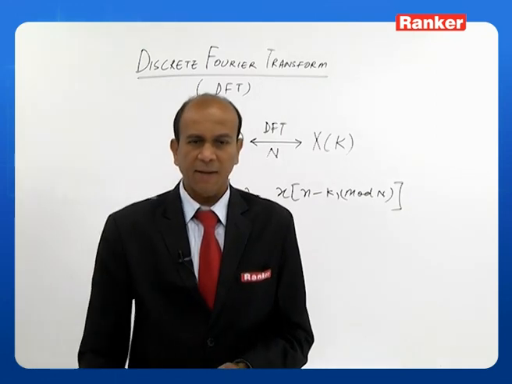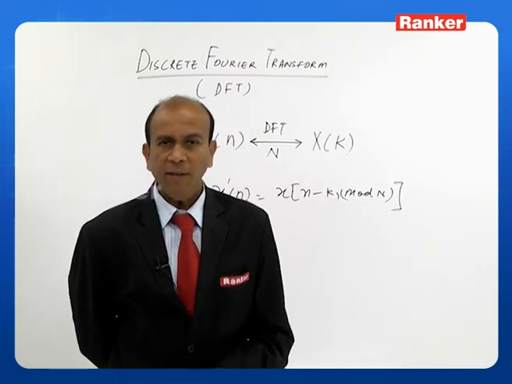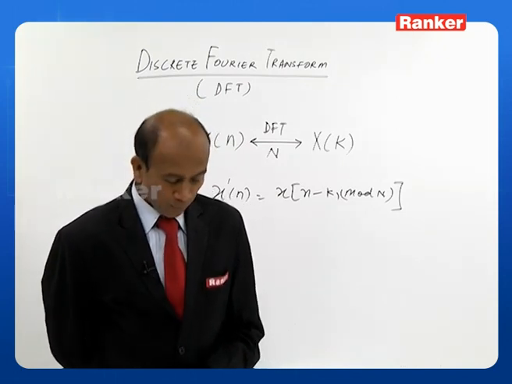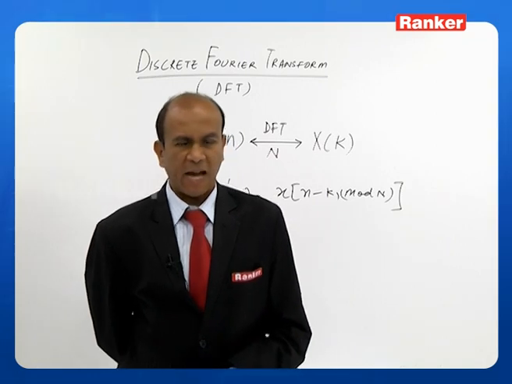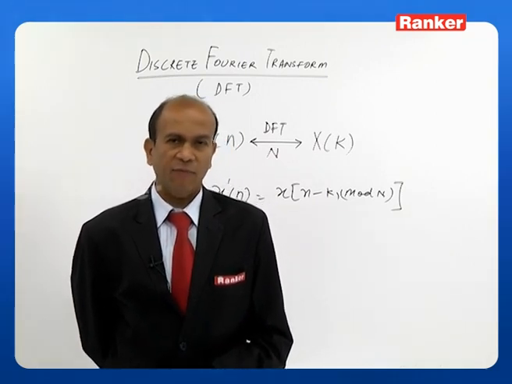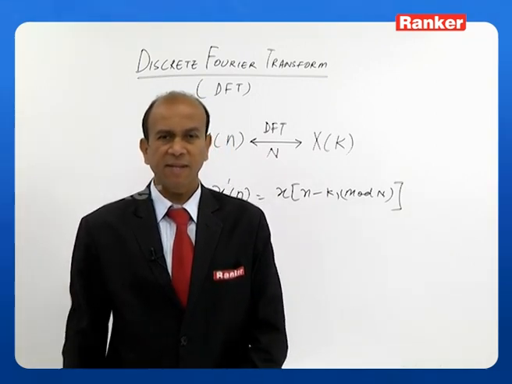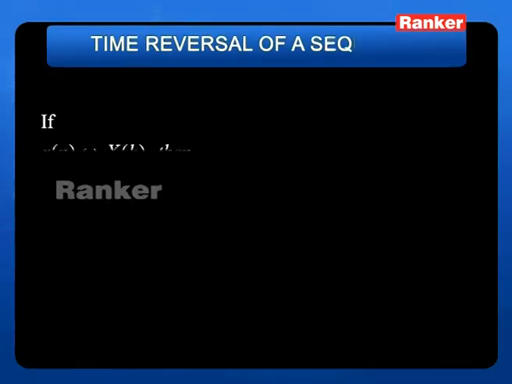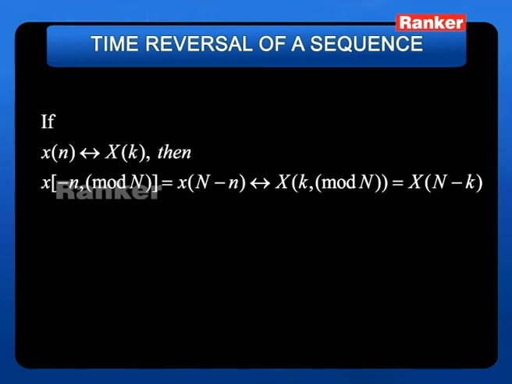Let us see some other property called time reversal of a sequence. Okay, so again, as I said, for this property to be satisfied, we have seen that for x of n there exists a DFT x of k. So we open the statement with that particular point.